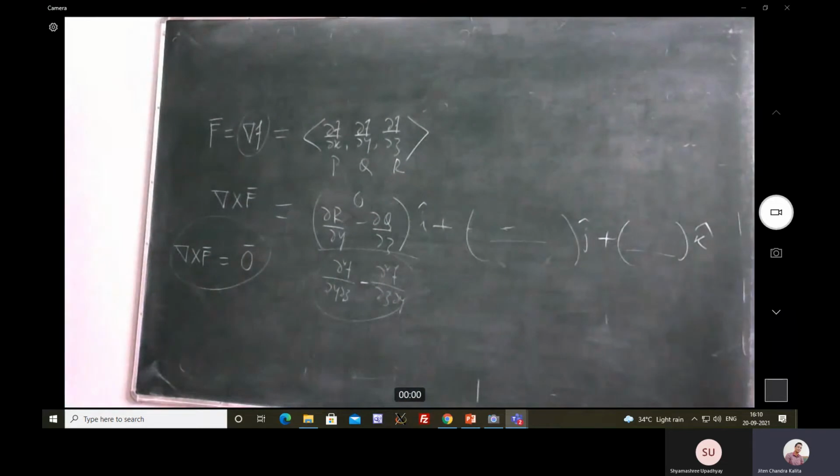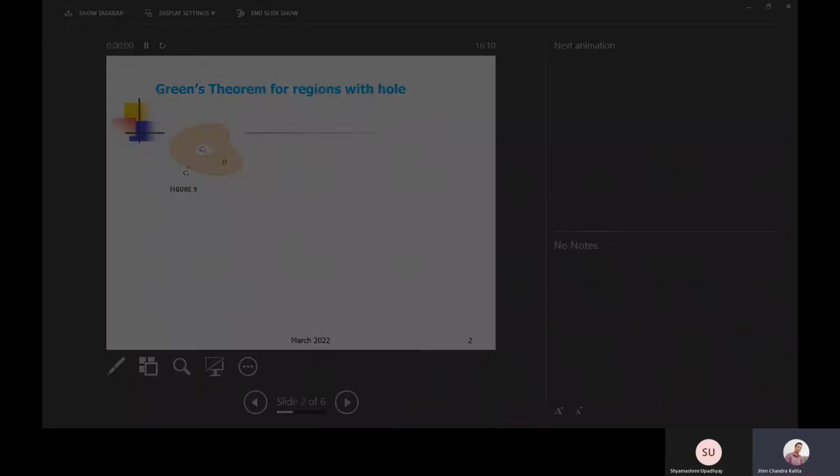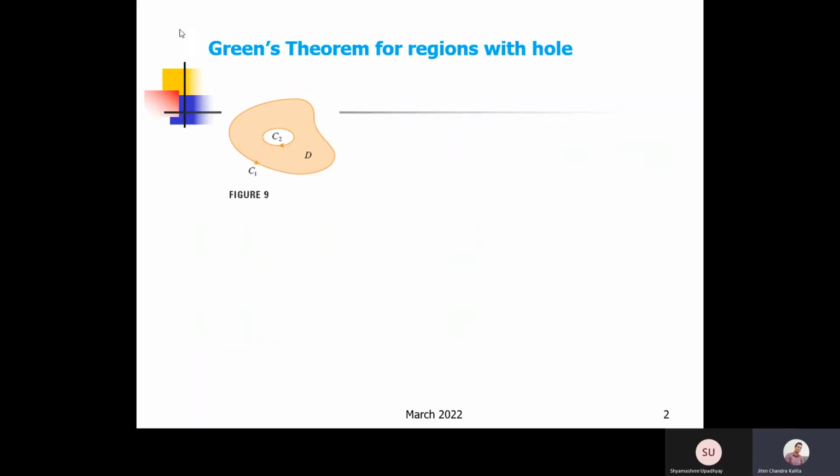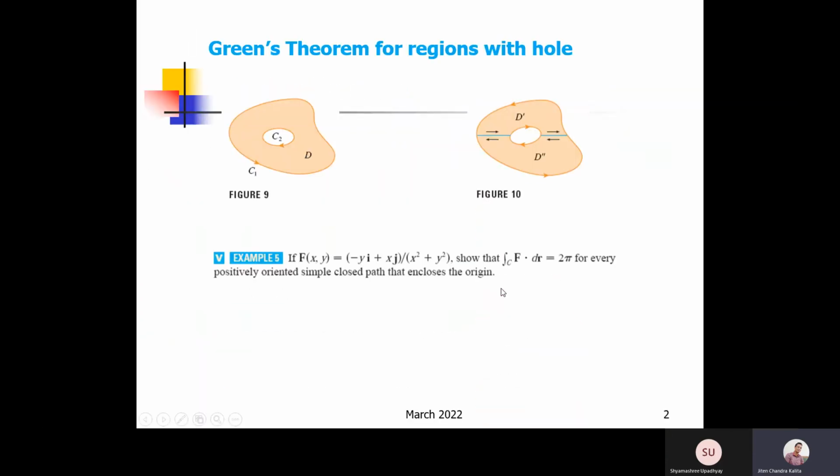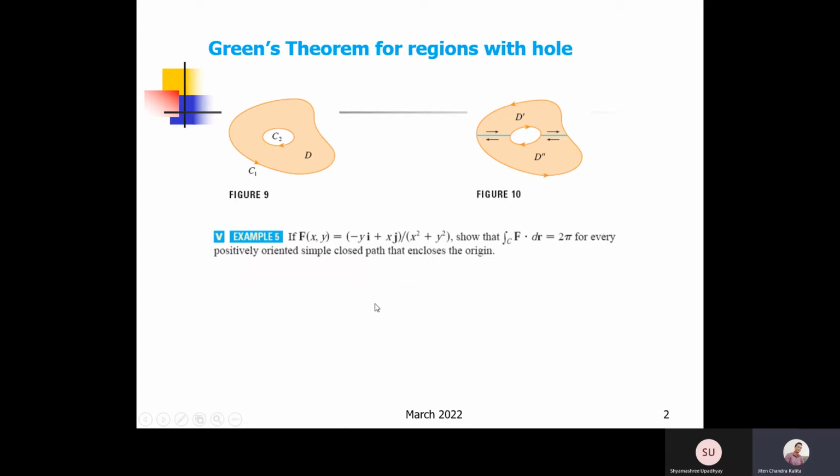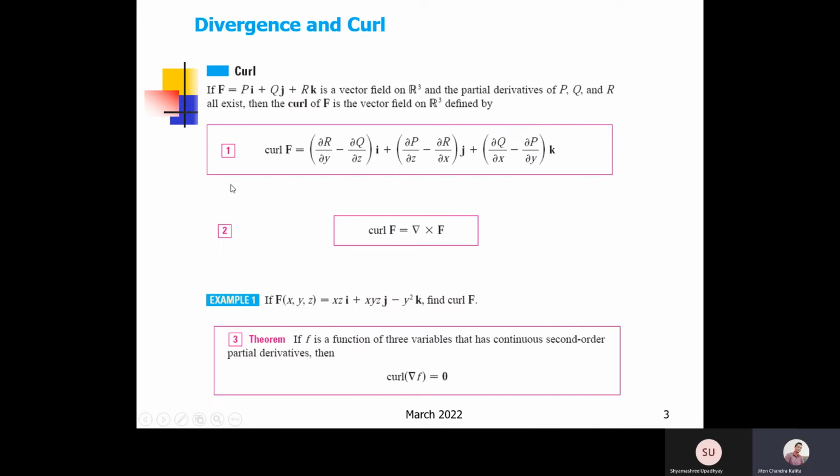Okay, fine. Let me just quickly run through these slides so that I have not missed anything. This is Green's theorem on regions with a hole. This we have already done. And then this is the definition of curl.